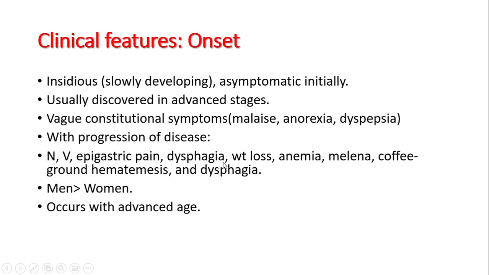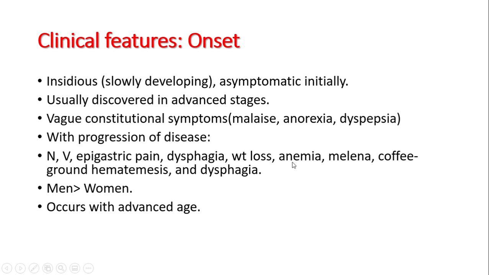Dysphagia is impairment of passing food from the lower esophagus to the stomach. This happens when there is infiltration of the Auerbach plexus, resulting in what we call pseudoachalasia syndrome, due to infiltration of the lower Auerbach plexus of the wall of the esophagus, resulting in difficulty in passing food from the lower esophagus to the stomach.